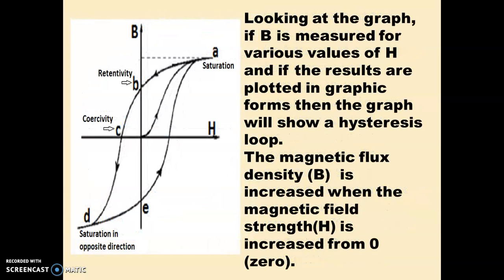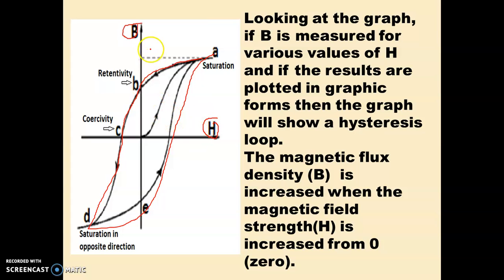Looking at the graph, B, that means magnetic flux density, is measured for various values of H, and the result is plotted in graphical form. Then the graph will show this loop, and this loop is called the hysteresis loop.